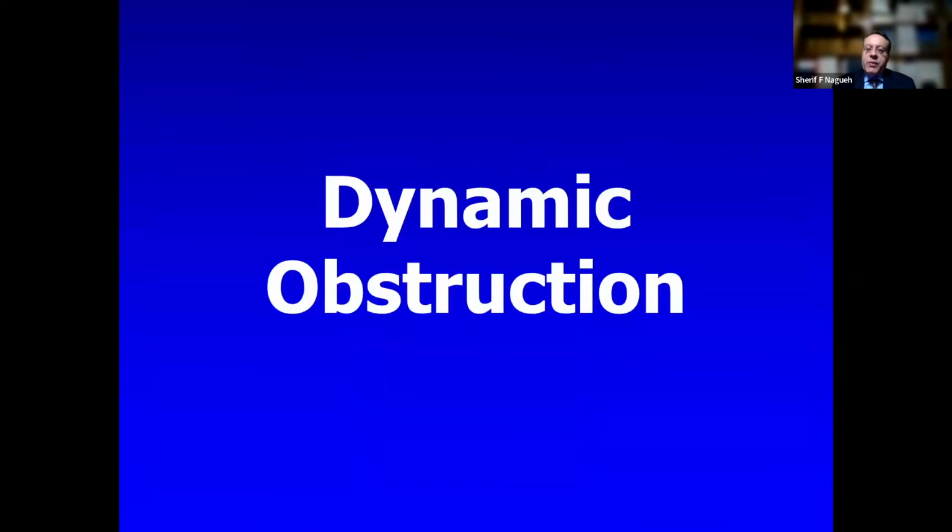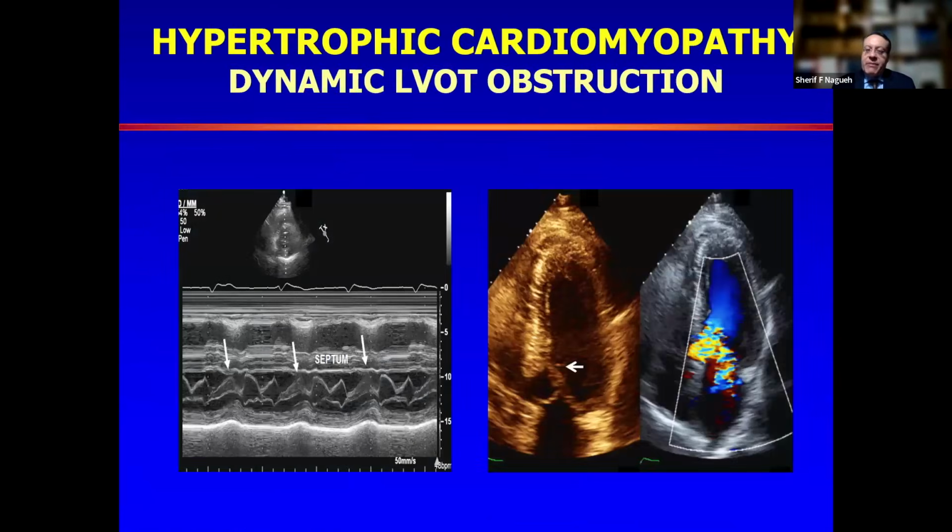Another finding that we look for or that we may find in patients with hypertrophic cardiomyopathy is dynamic obstruction. And if you look for it, it is present in roughly 2/3 or 70% even of patients. The cause of dynamic obstruction, and we will not talk much about the mechanisms today, is systolic anterior motion of the mitral valve.